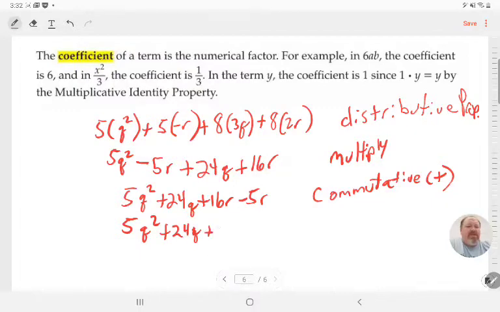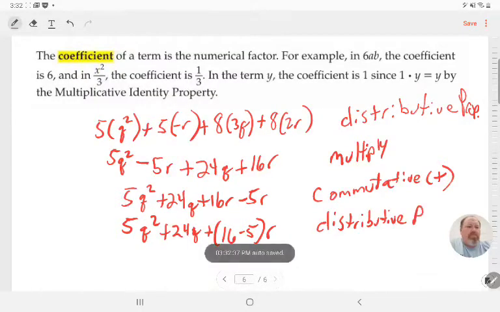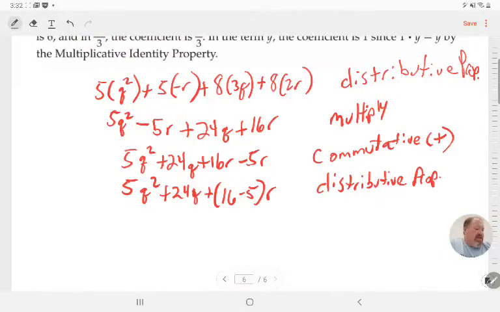Okay? Then I can use the distributive property again and go 5q squared plus 24q plus 16 minus 5 times r. And then finally, I can use substitution, and I can go 5q squared plus 24q plus 11r, just substitute 11 for the 16 minus 5.